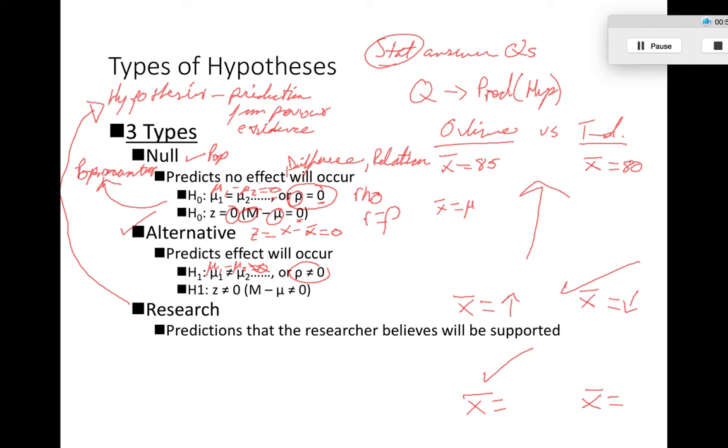Now, this research hypothesis ties in very, very closely to the null and the alternative hypothesis for the following reasons. So going back to our online versus traditional example, think about this situation. We said that a previous researcher had looked at the differences between online versus traditional, and they found that the groups differed. We are now doing a research study, and we're comparing online versus traditional.